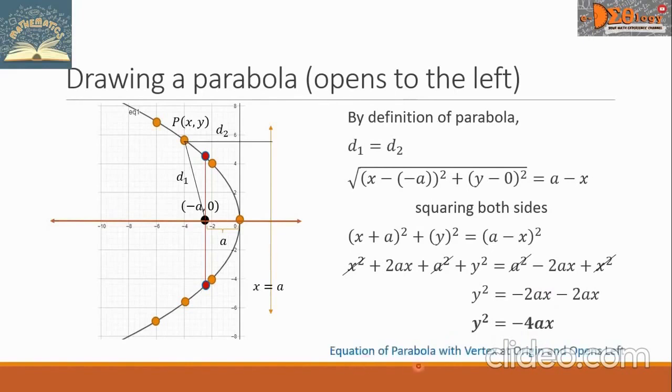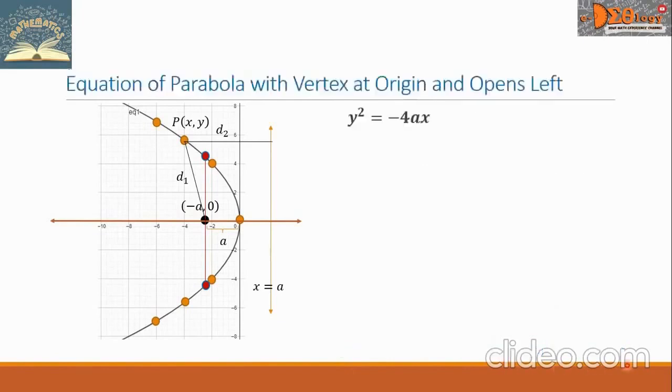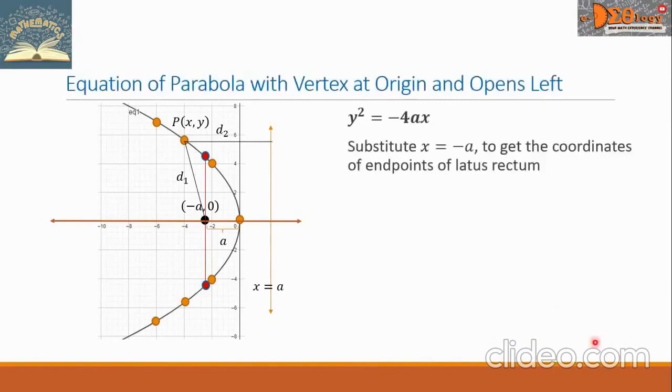This is now the equation of parabola with vertex at origin and opens to the left. Now let us substitute x equals negative a to get the coordinates of endpoints of latus rectum. So this y squared equals negative 4ax now becomes y squared equals negative 4a times x, and the x now becomes negative a.